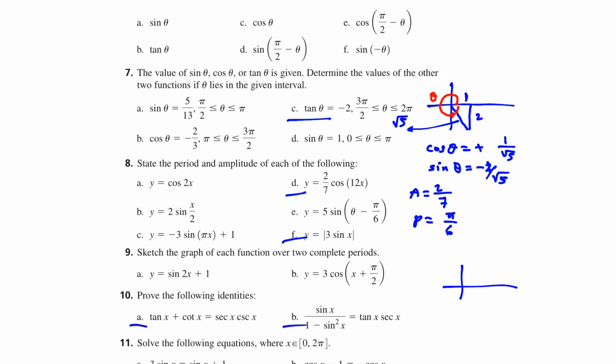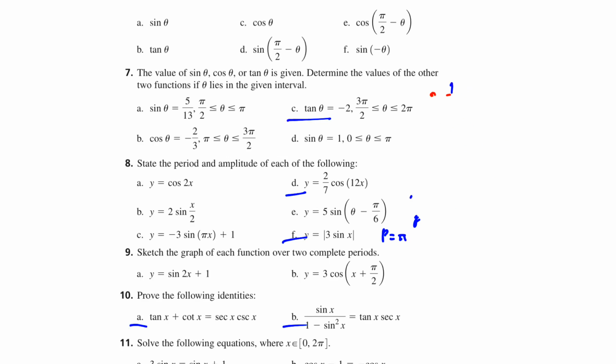If you look at the graph of absolute value of 3 sine of x, we see the period of the function is half of the period of sine of x. The period is pi. And the amplitude of the function is 3.